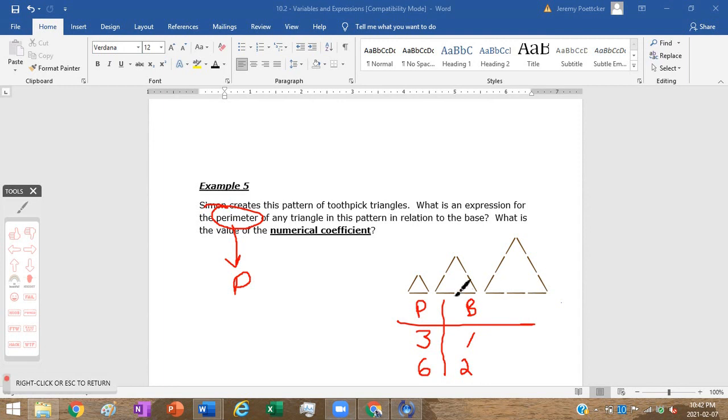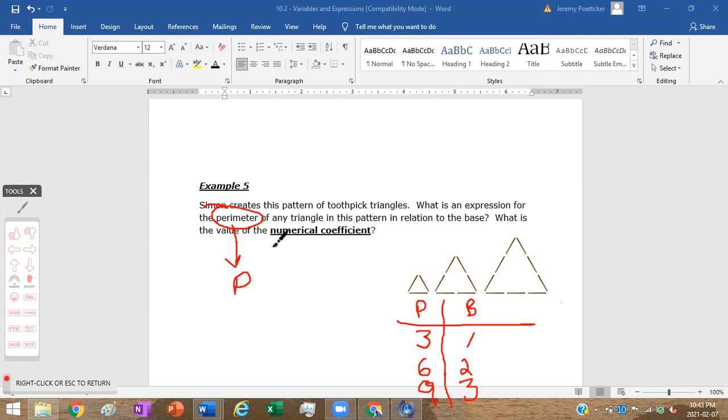If I take the perimeter and I divide it by 3, I will always get what the base is. So in terms of an expression that's going to give me the perimeter of any triangle in relation to the base, I could say, well, the perimeter divided by 3 gives me the base.